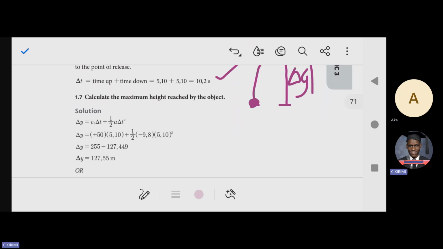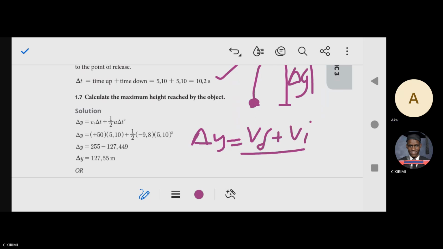Use the same formula: delta Y equals VF plus V initial over 2, times time. So VF, you are having it.